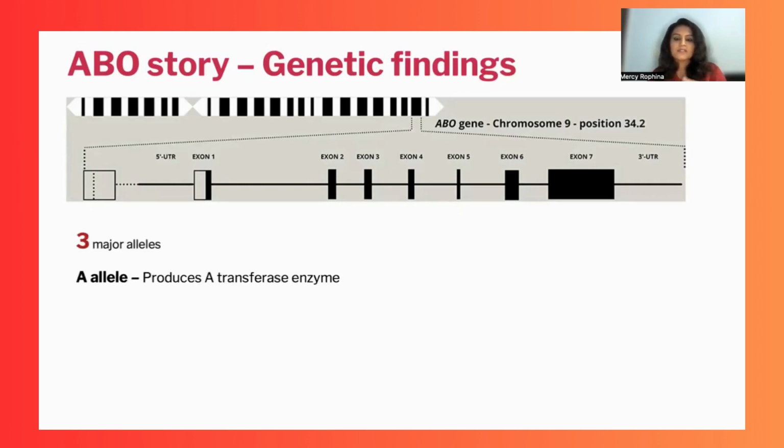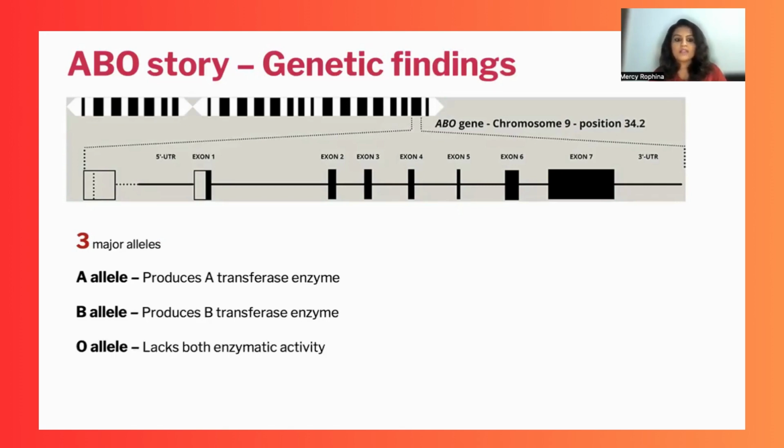The first one is the A allele, which is responsible for the production of glycosyl A transferase or the GTA enzyme, or the B allele, which is responsible for the production of glycosyl B transferase, otherwise called the GTB enzyme, and the last one is the O allele, which lacks both of these enzymatic activities.